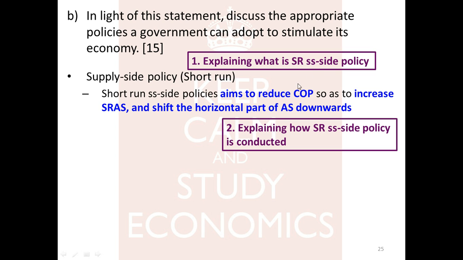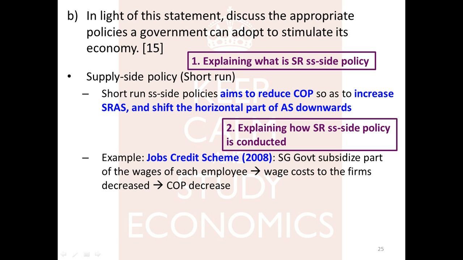Basically, short run supply side policy aims to reduce cost of production so as to increase the SRAS, which means that graphically you should see a downward shift of the horizontal part of AS. Okay, so what I've done here again is to explain what is short run supply side policy. So how is it conducted?